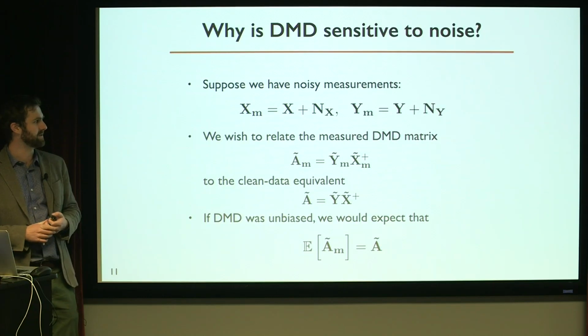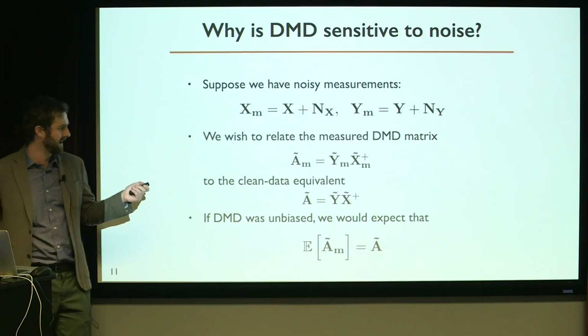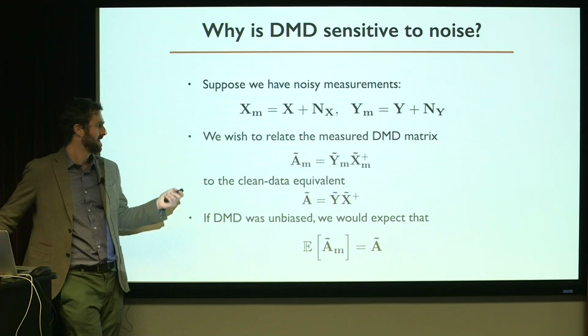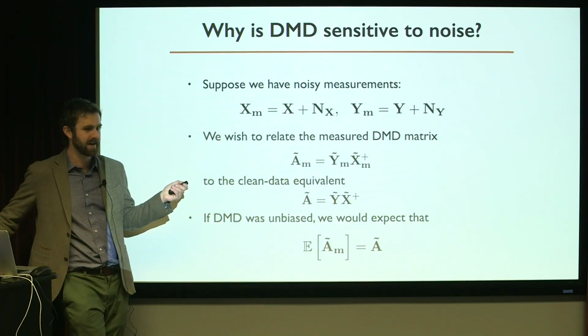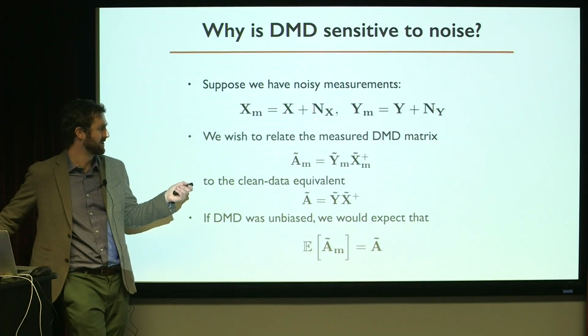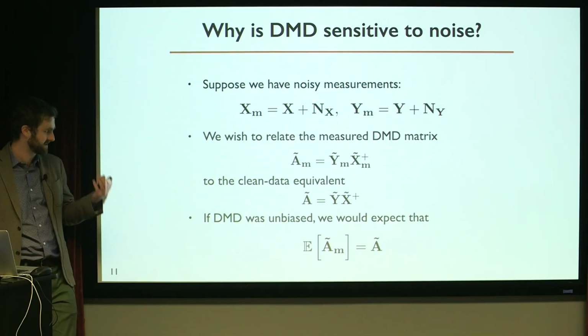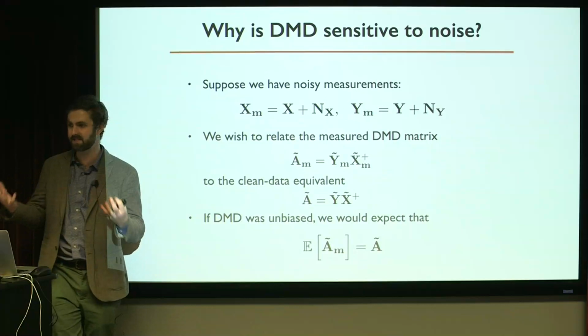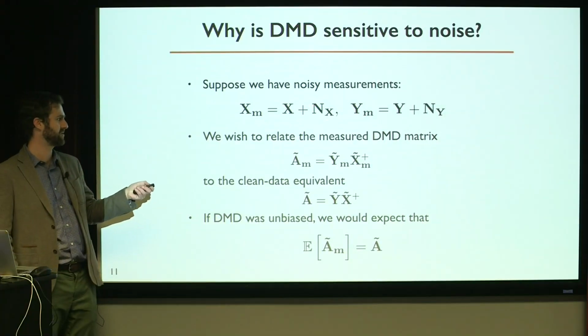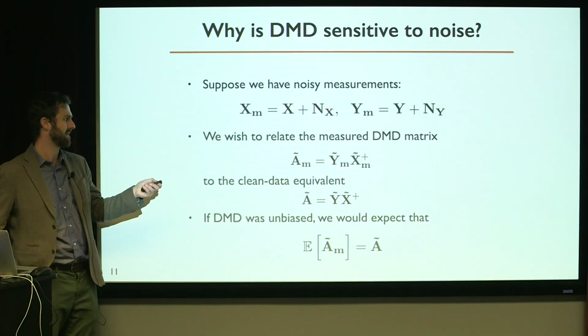But what we're going to do now is suppose that the actual data that we have consists of our true data plus some noise. And again, later on we can make certain assumptions about what the characteristics of that noise are. But for now, we can just assume that we can assemble that into some matrix.